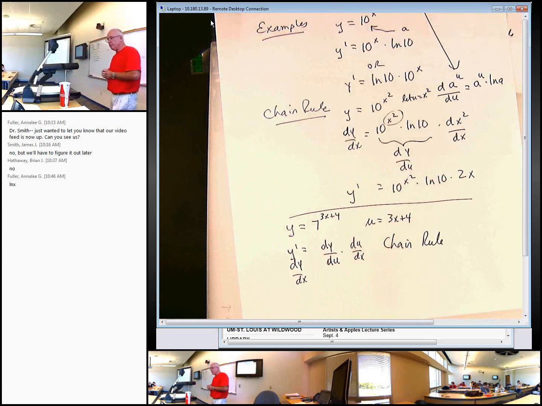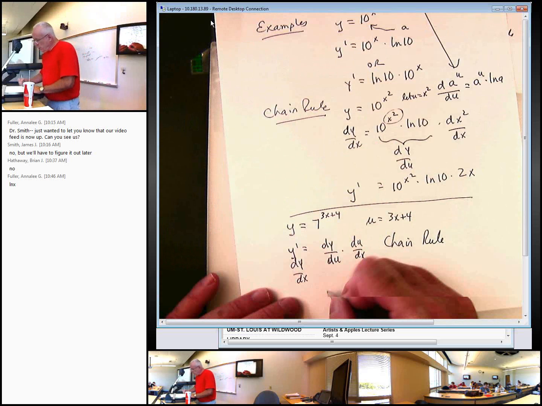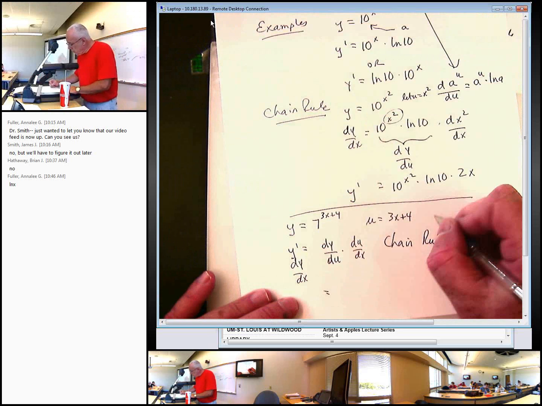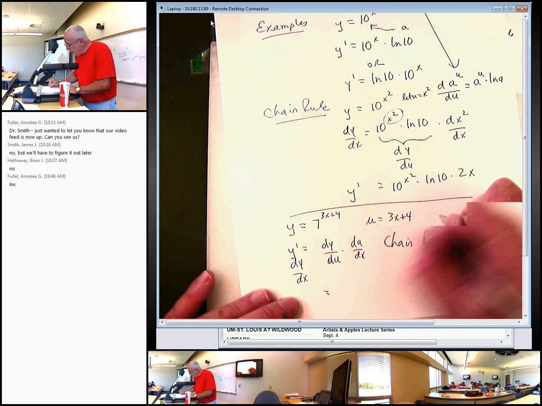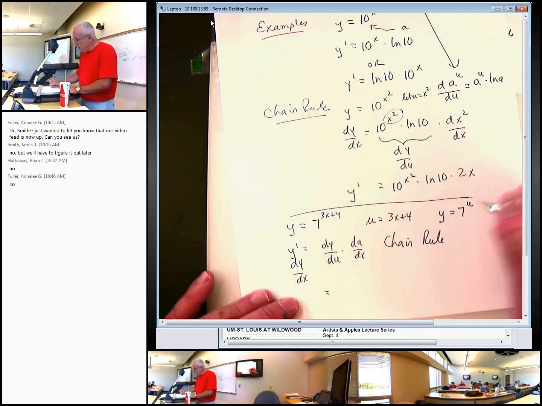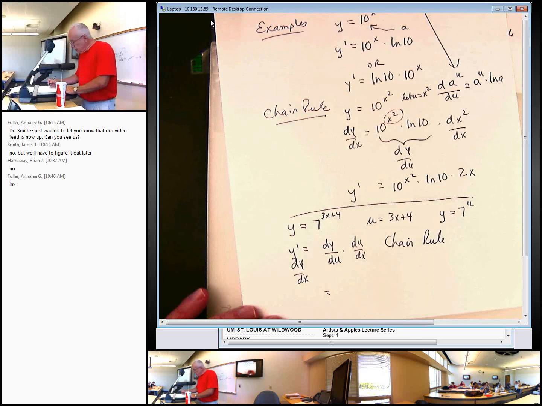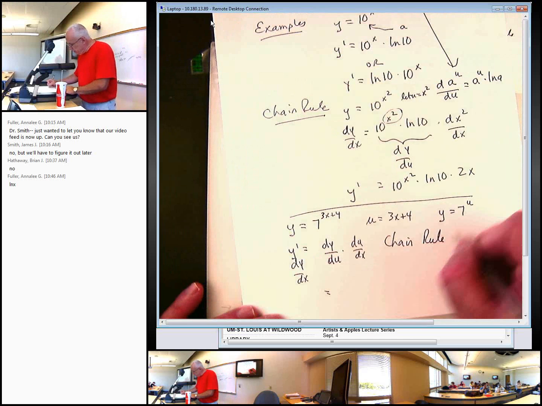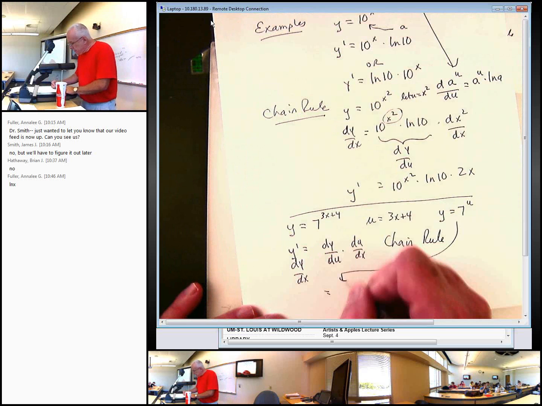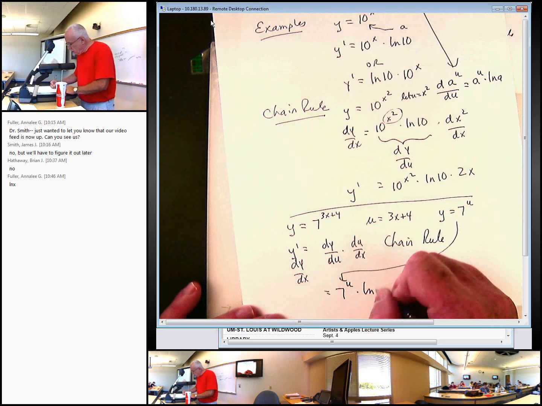So y equals 7 to the u power, if we represent the 3x plus 4 with u. So dy du is going to be 7 to the u power times the natural log of 7.